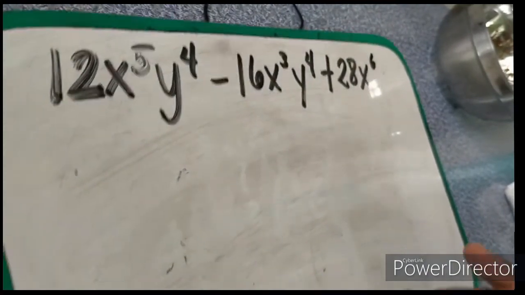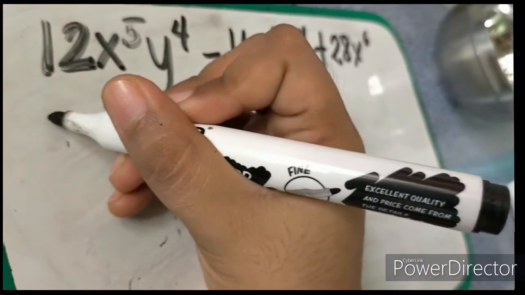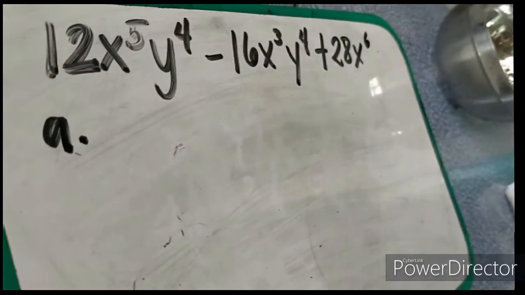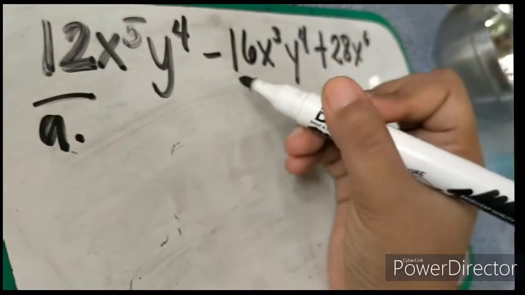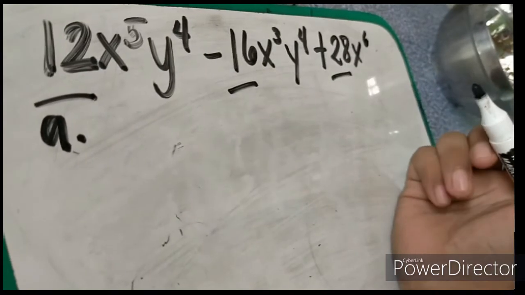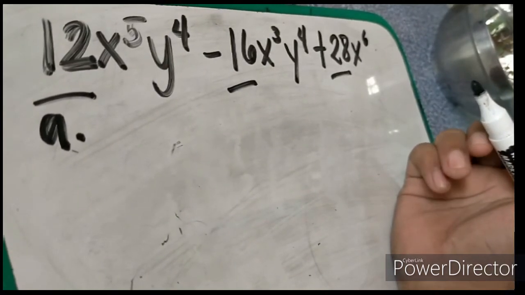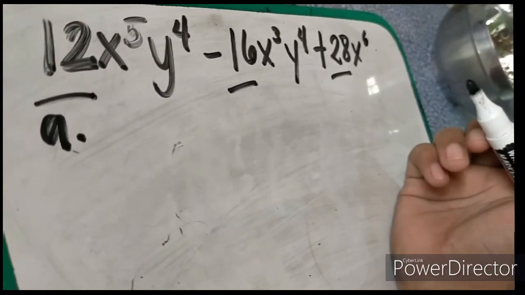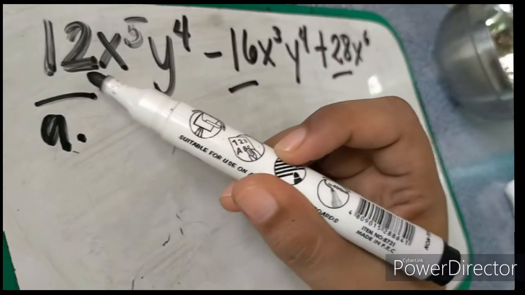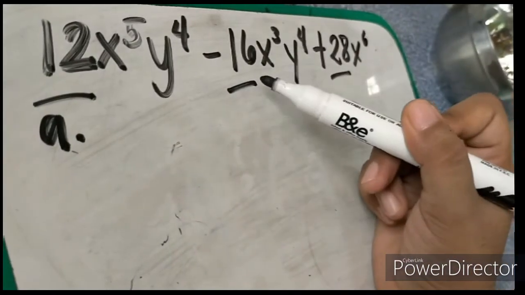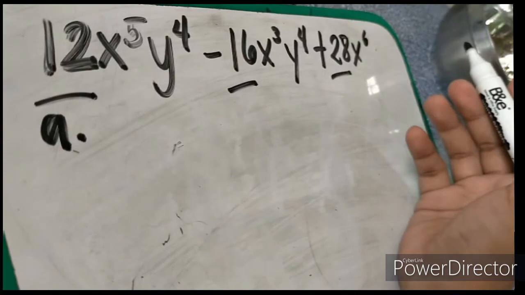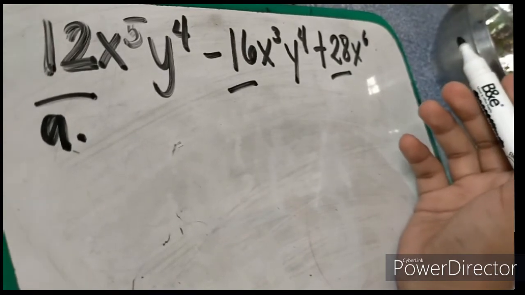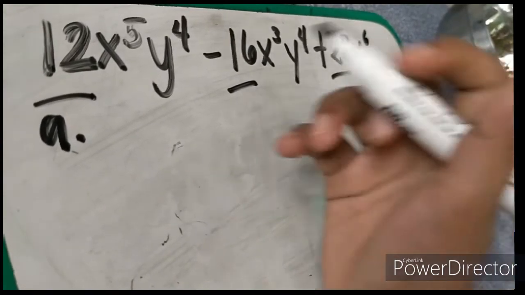Okay, so let's have the first step, step A. Look for the GCF between 12, 16, and 28. What do you think is the factor of 12 that is the same with 16 and 28? Let's write it down para hindi kayo mahirapan.